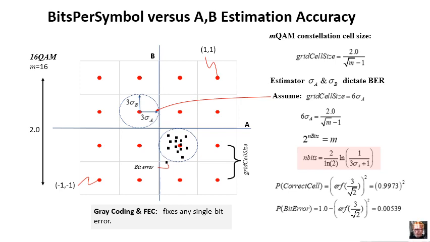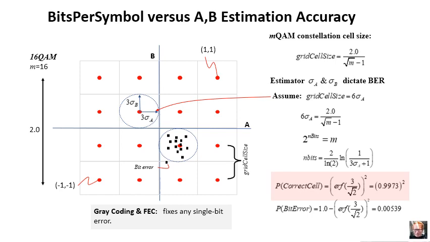We can compute the probability that the A and B estimates are within the correct rectangular grid cell using the Gaussian error function, or ERF. We show the probability of a correct assignment of the A and B estimates, which is 0.9973 squared, assuming the A and B estimate accuracy is within 3 sigma.